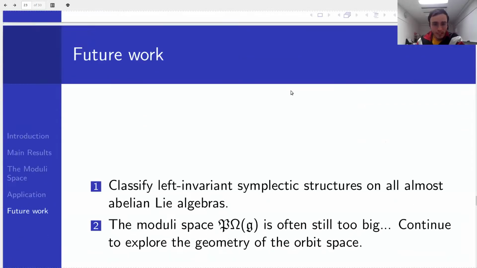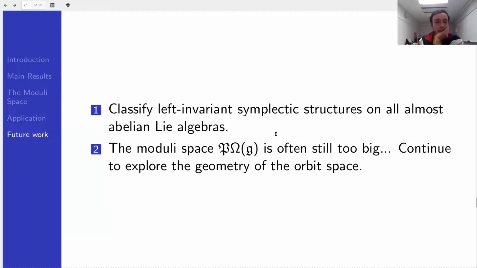So the future work, continuing the same ideas. One is, well, complete the classification for all almost abelian algebras. So remember that for almost abelian algebras, the isomorphism class is up to similarity.